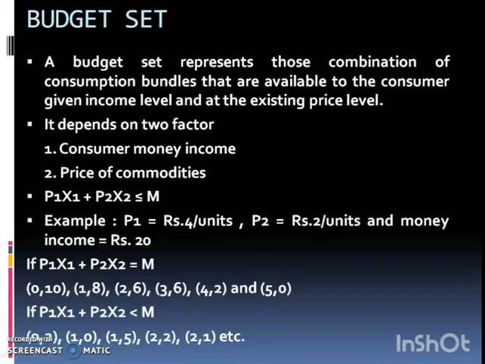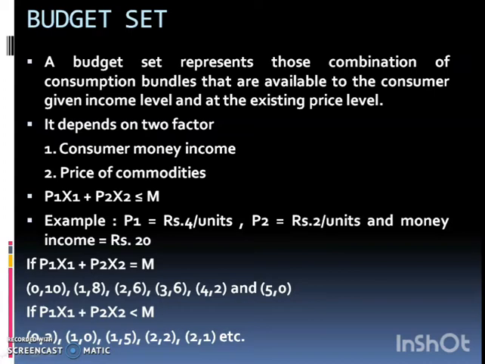Then the second one, budget set. A budget set represents those combinations of consumption bundles that are available to the consumer given the income level and the existing price level. That means the budget set represents those consumption bundles that the consumer can purchase using his money income.